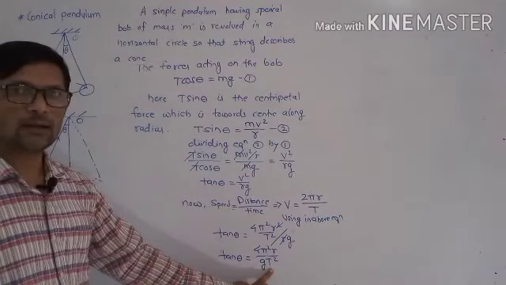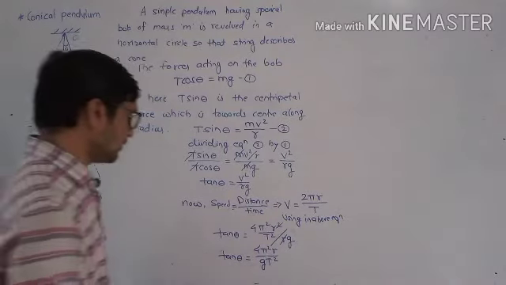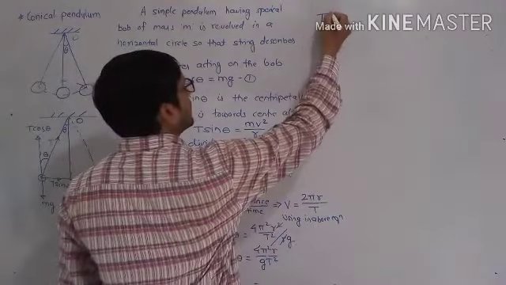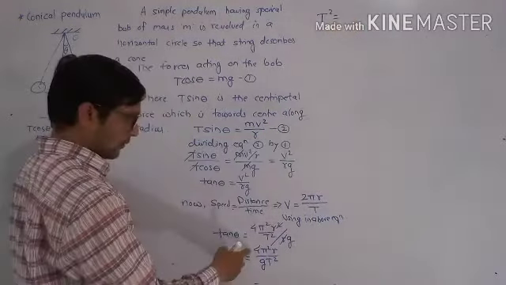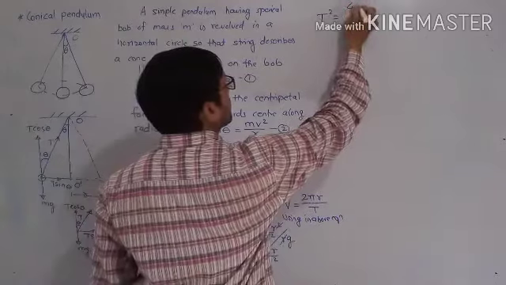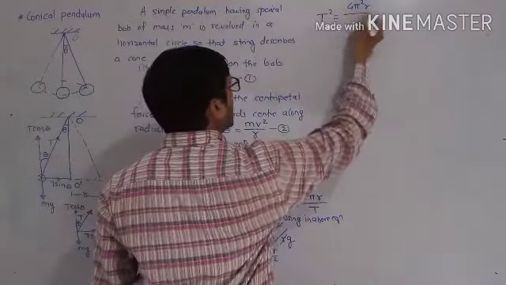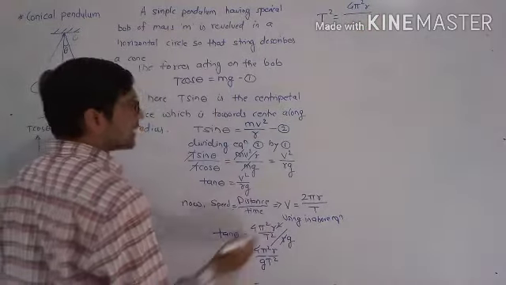We are interested in the tension in the string. So T square is equal to 4 pi square r upon g tan theta.